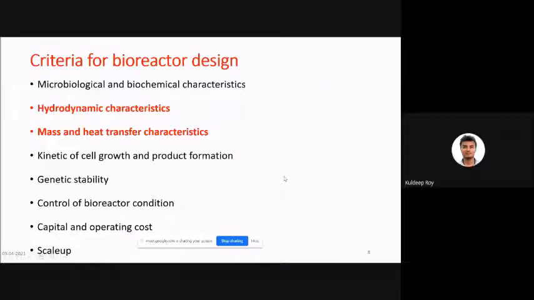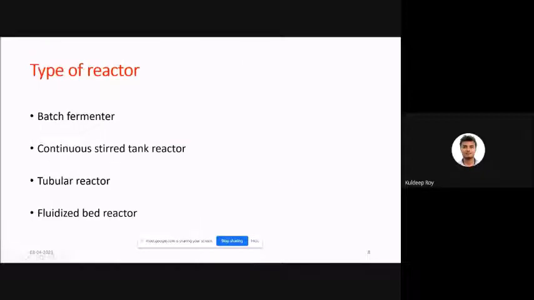But the choice between batch fermenter and continuous stirred tank reactor depends on your yield, on what you are looking for. If the batch process is sufficient to get the higher yield, then you use the batch process. If you need continuous stirring, then you have to add some kind of agitation, or any other means.